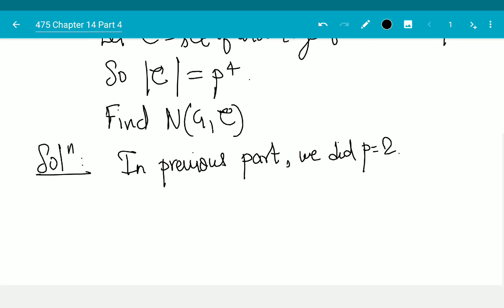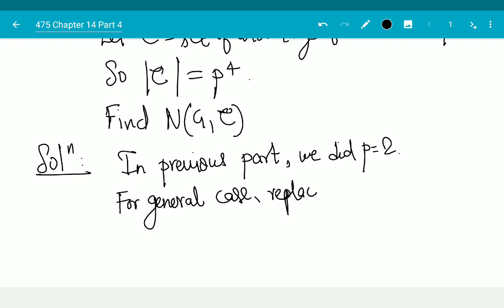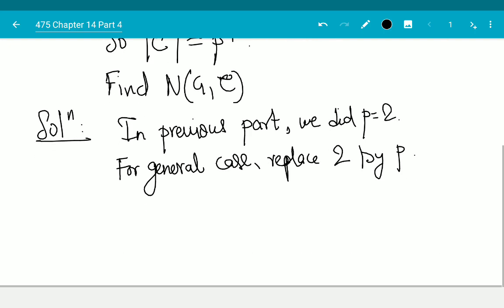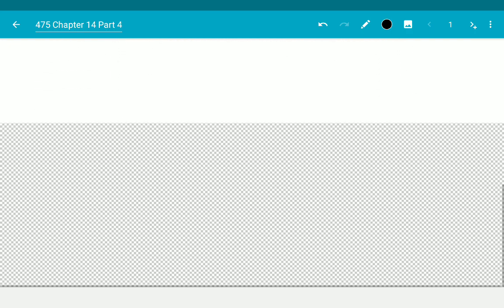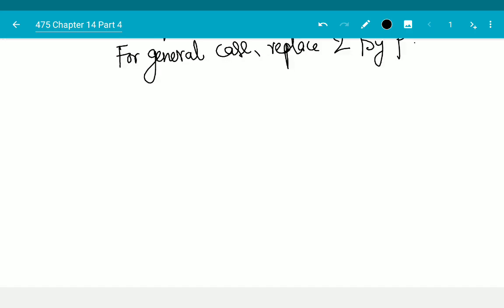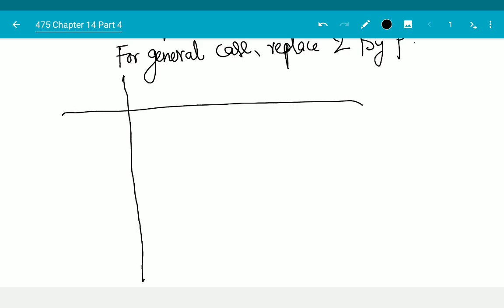For the general case, replace 2 by P. In the last part you would have seen that we were writing 2 squared, 2 cubed, and other things, and that was just so that we can explicitly translate it into the P case.